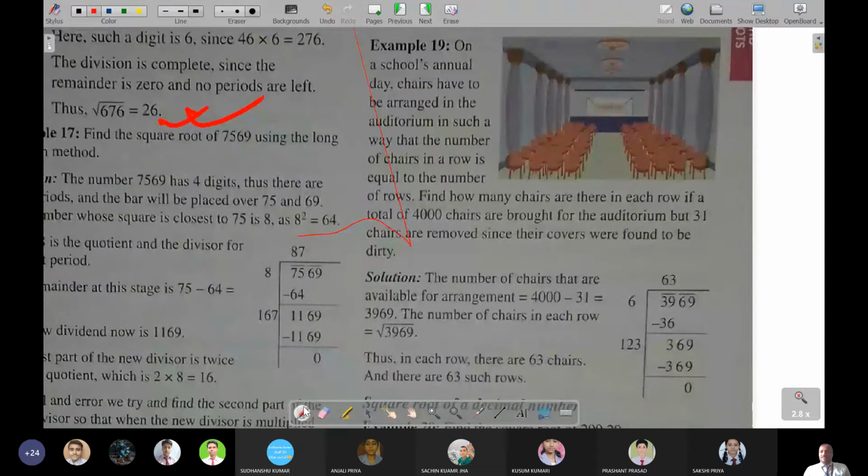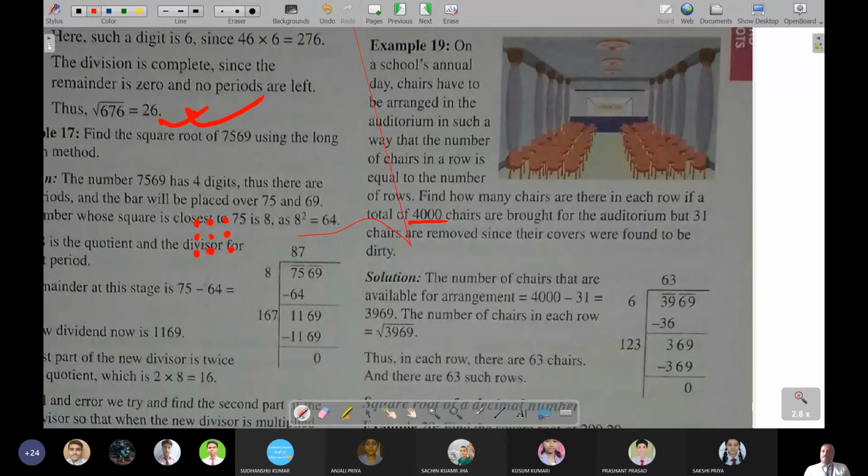So of course you have to find the square root of 4,000. Like if I had made 3 columns, then there will be 3 rows also. So the number of chairs in each row and each column are equal.